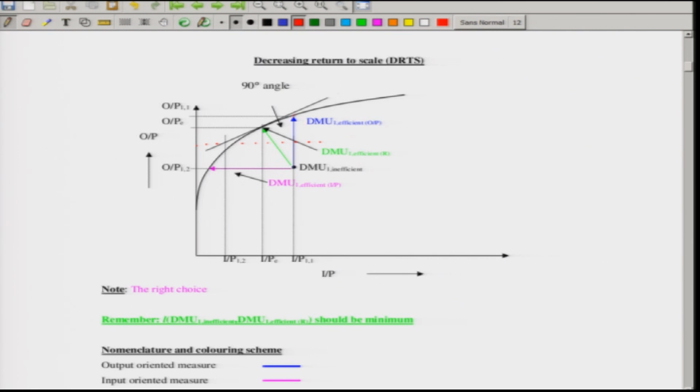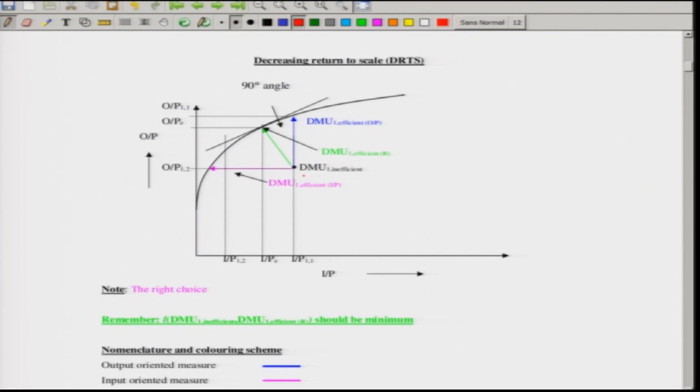So, this is in blue color, or else I can go onto the left horizontally, which is the pink line, such that I reach the DMU 1 which is efficient, but with respect to IP. So, IP is the input and OP is the output. So, what it actually means is this: DMU 1, which is inefficient, can be made efficient with respect to the input also or with respect to the output also.